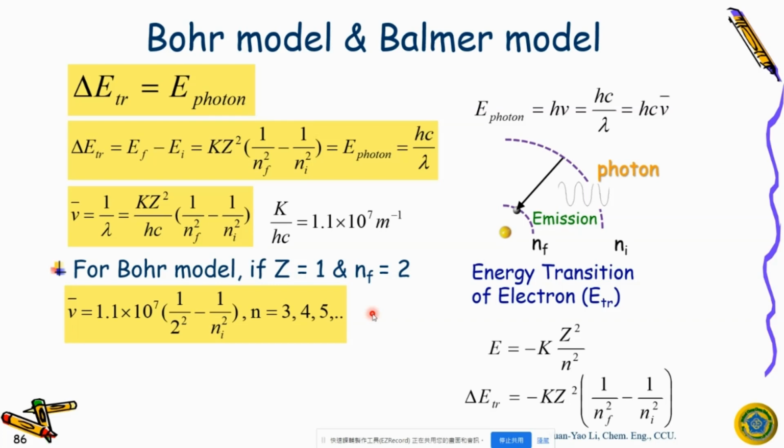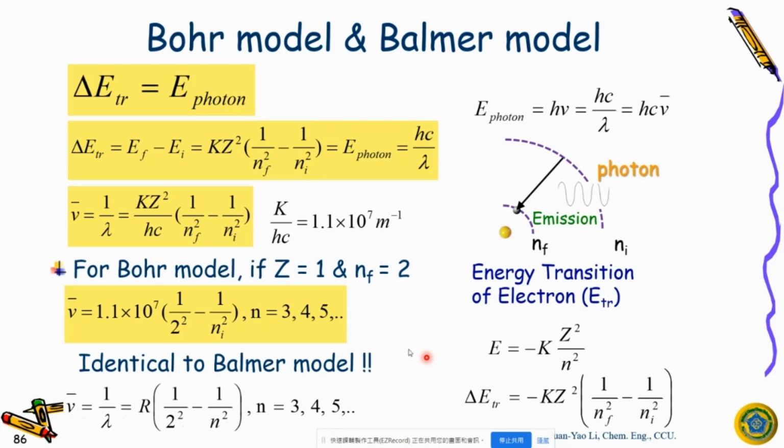And then do you find out something interesting now? If you assume in the Bohr model Z equals 1 and n final equals 2, then this equation is exactly the same as the Balmer model.